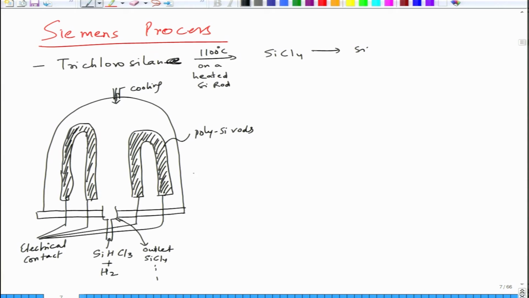And then the coolant goes out from this side, because we also have to keep the chamber cool. So it's a double body chamber like this.